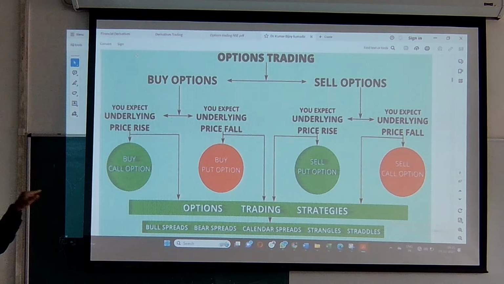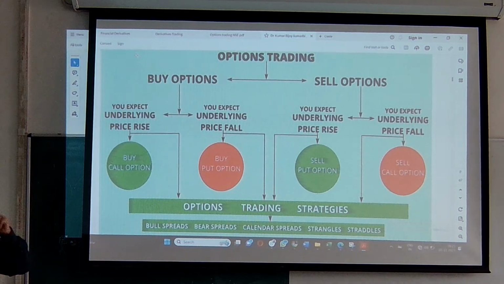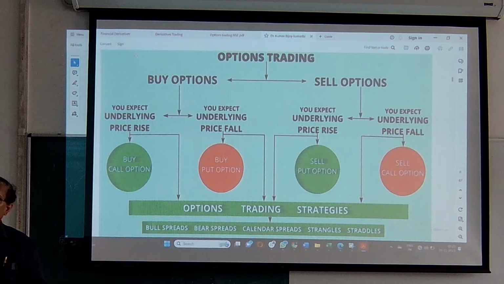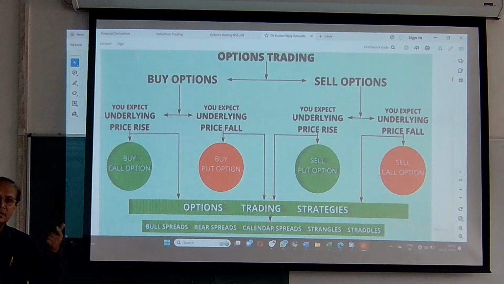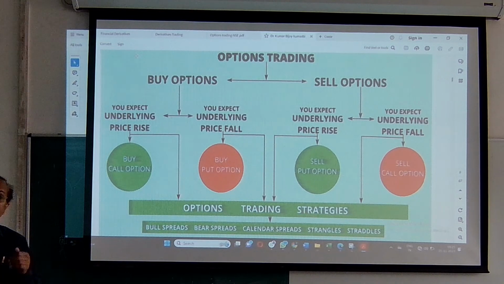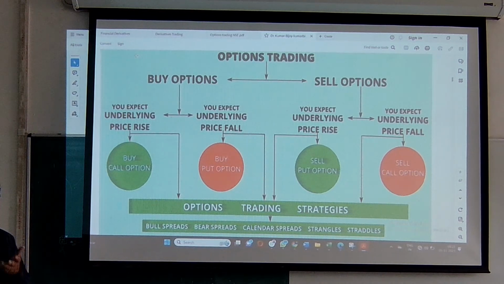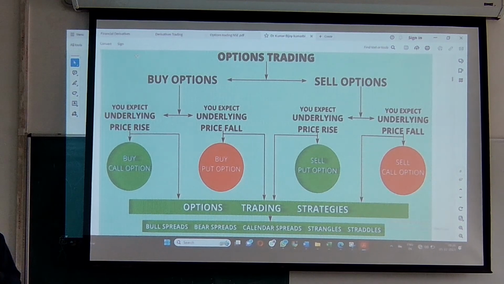So buyer can buy right to buy or right to sell, so it could be long call or long put. Similarly, seller can sell the call option or put option. Seller can sell right to buy or right to sell, because right to buy or right to sell is a kind of product, an options product.